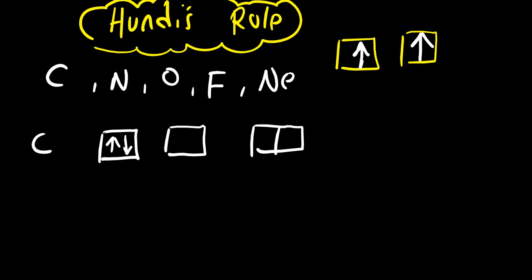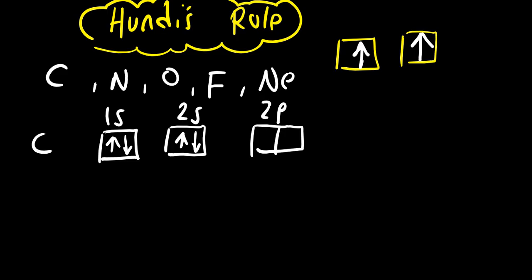When these are filled, we go to the second shell, so you have 2 electrons. Now we are remaining with 2 electrons. Let's say this is our 1s, this is our 2s, then this is our 2p. We've already filled our 2s. Now we want to fill the last 2 in the last subshell.